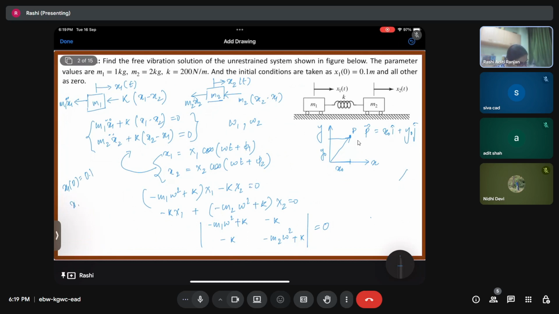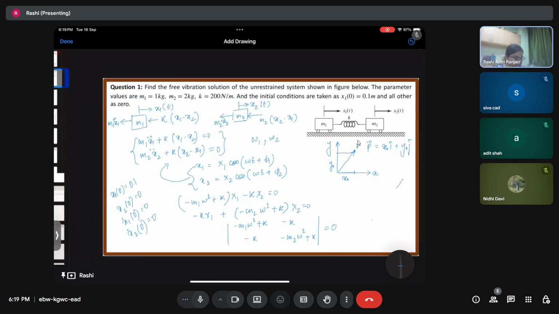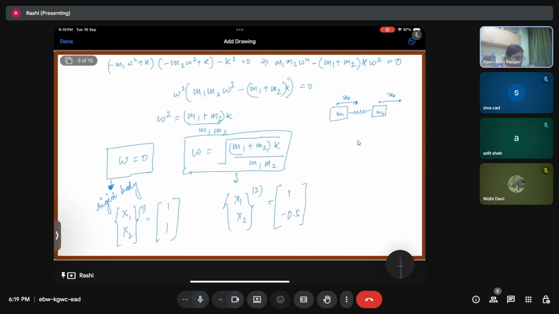Other than that, everything is 0. Now we have the modal solutions.